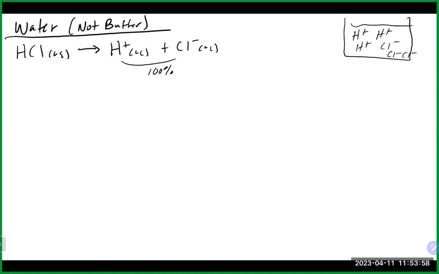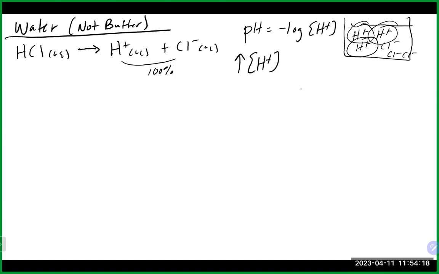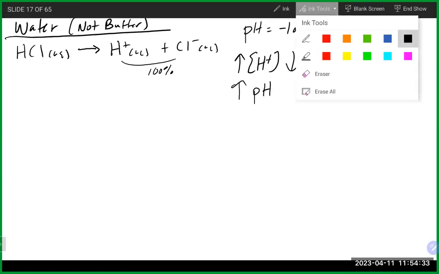This is really important because pH is equal to minus the log of the H plus concentration. When I dump my HCl into this water, I just generated a bunch of H plus really quickly. So the concentration of H plus went up. That also means the concentration of OH minus went down. And because the concentration of H plus went up a lot, we would expect a big decrease in the pH.